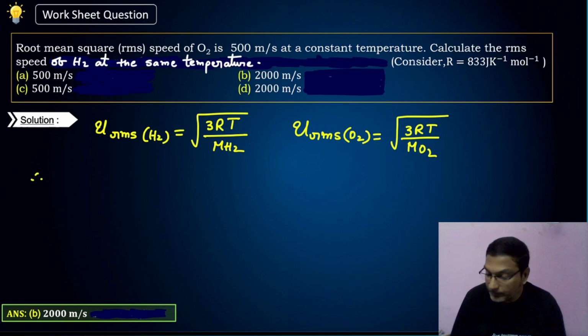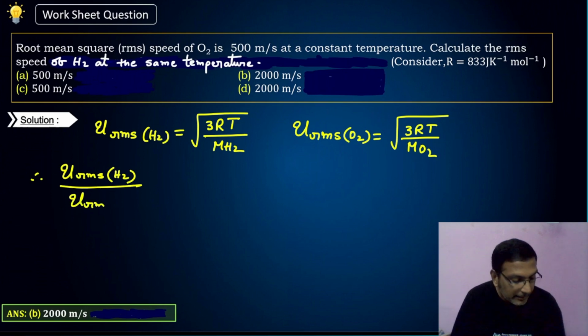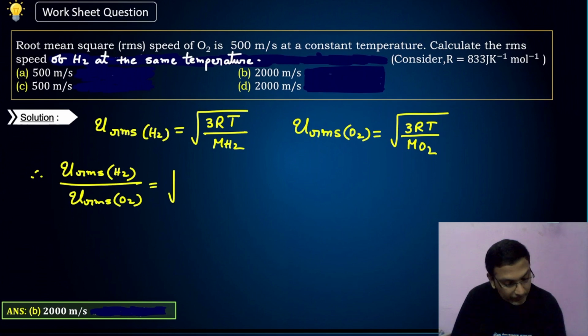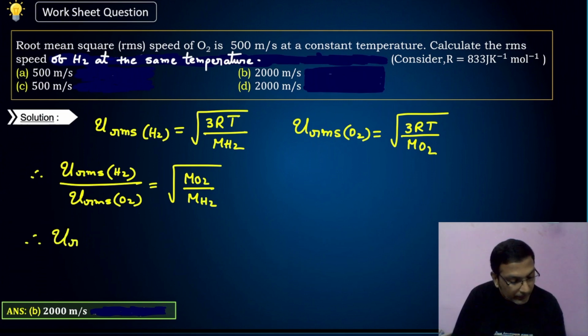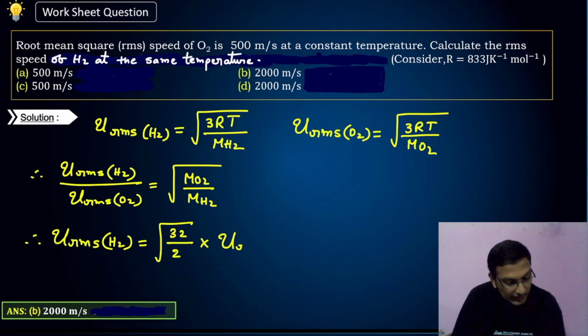Therefore URMS of H2 by URMS of O2 will be equal to root of molecular weight of O2 by molecular weight of H2. So URMS for H2 equals root of 32 by 2, times URMS of O2.